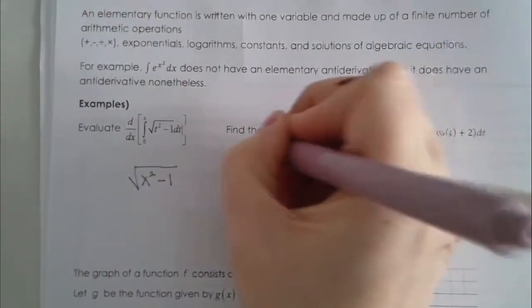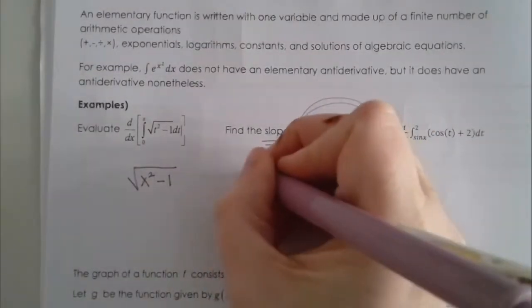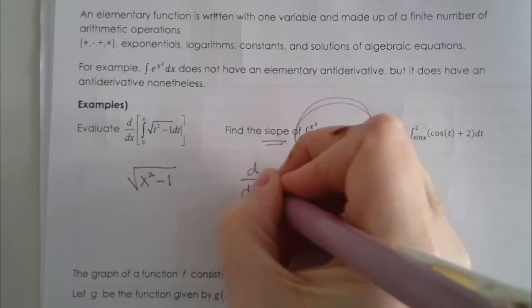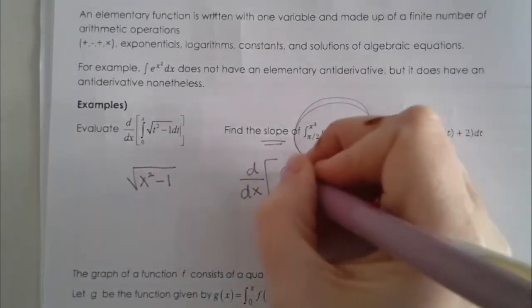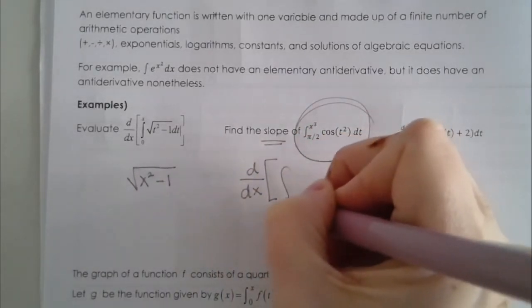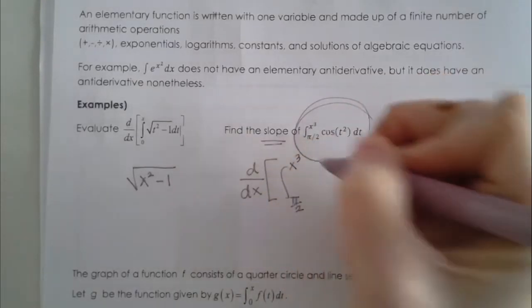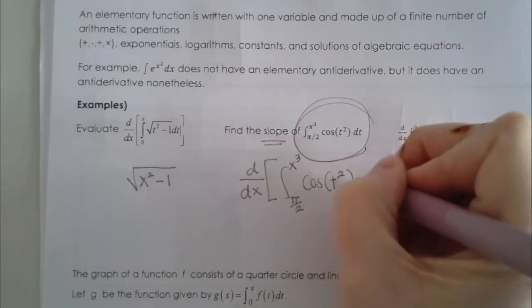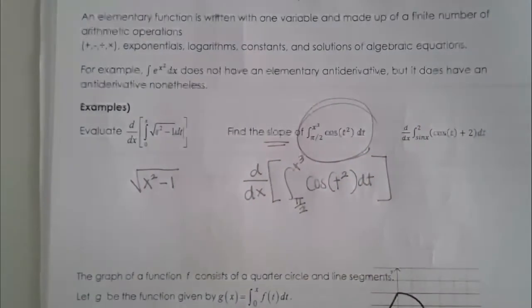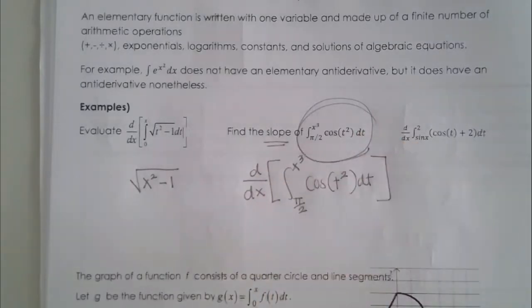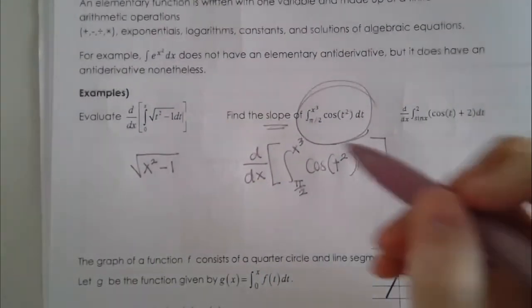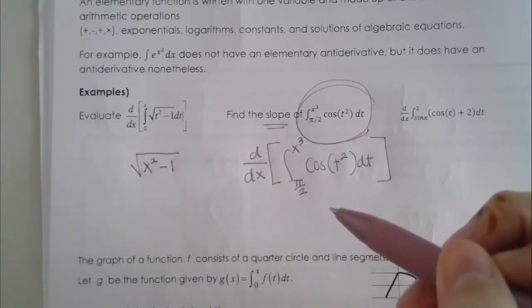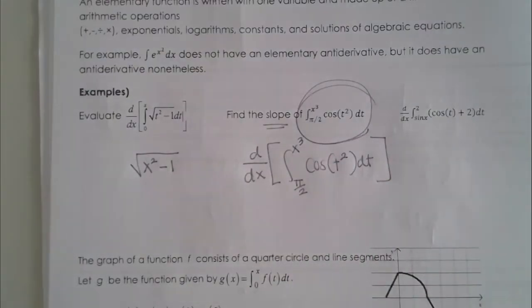Well, hopefully you remember that slope means derivative, so it's basically saying the same thing as the one before, where we take the derivative of an integral, and this one's from pi over 2 to x to the power of 3, cosine t squared dt. So this is basically what it's saying, because slope and derivative are the same thing. Now notice my upper limit is not just x, it is a function itself. So this is where the chain rule comes in.